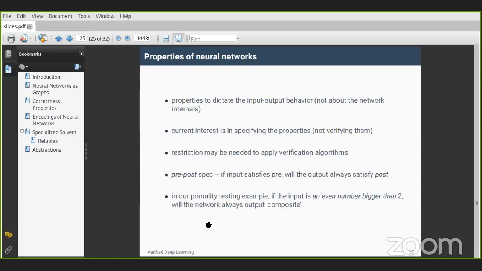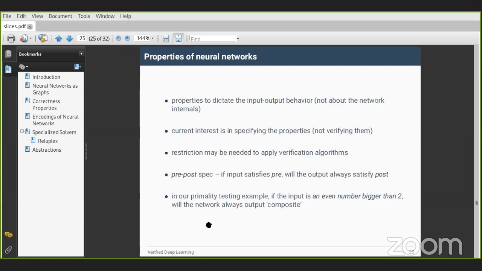That depends on the power of your verification technique. It's true even for programs: in general, the more expressive the language used to specify the property is, the more difficult it is to verify. So between specification and verification, we will need to restrict some amount when it comes to applying verification algorithms. But right now we are not going to worry about it.